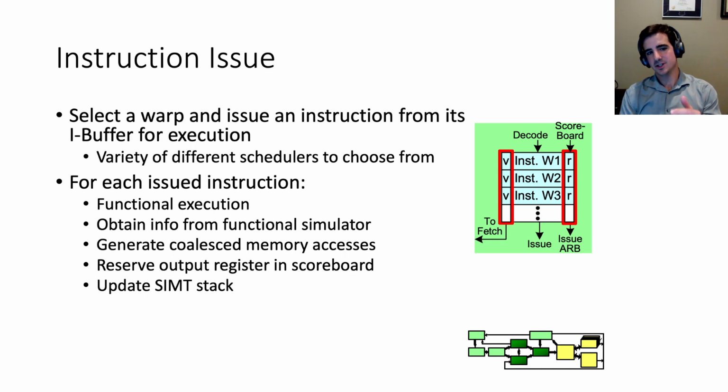So as soon as the instruction is issued, we functionally execute it. Even though it's not proceeded to the writeback stage, since everything in a warp is issued in order, it's safe for us to functionally execute that instruction as soon as it passes the issue stage.